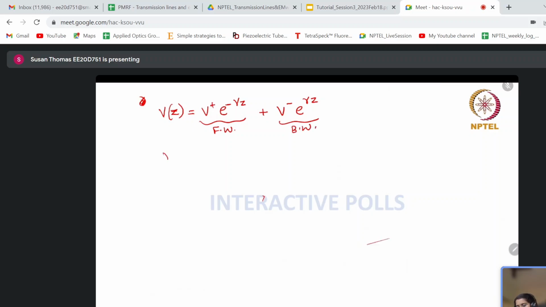Here the parameter gamma, which is called the propagation constant, is defined as alpha plus j beta, where alpha is the attenuation constant and beta is the phase constant.